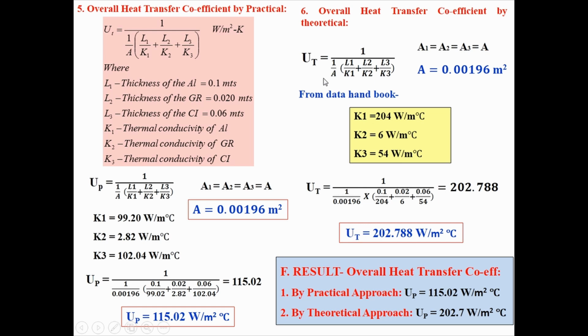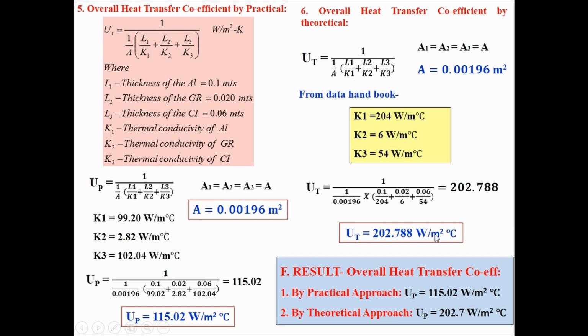Substitute here again: 1 by A, the area is the same, the length of the aluminum rod is 0.1 divided by the thermal conductivity of aluminum from the data handbook, which is 204. Thermal conductivity for graphite from the data handbook is 6. Substitute and get the values. Now the theoretical overall heat transfer coefficient is 202.78 watt per meter square.